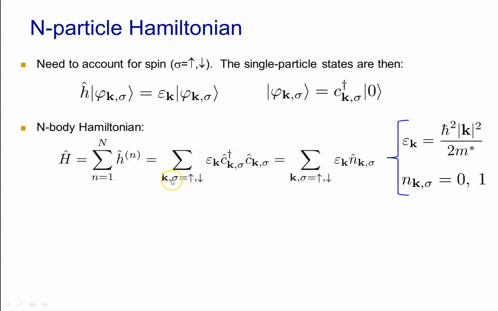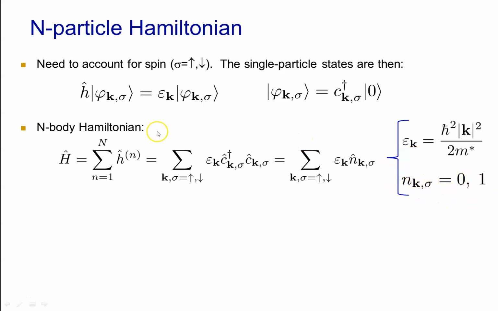Remember, we're summing over k and also over the spin, sigma, right? And this, of course, is the number operator, which we discussed. It counts the number of electrons at state k, right, the orbital, those little dots we had in the previous slide, with spin sigma. And we know that for each k, only 0 or 1 fermions, or electrons in this case, with a given spin can be occupying that state.